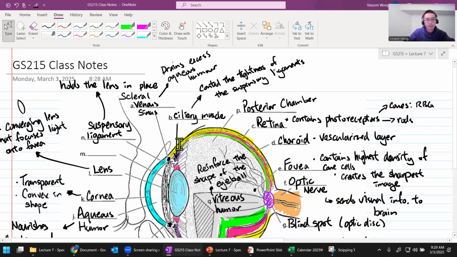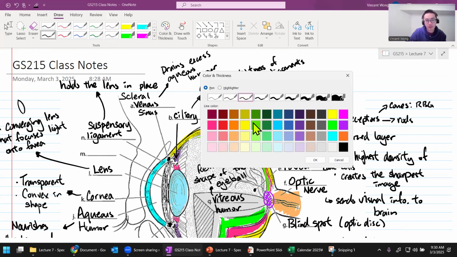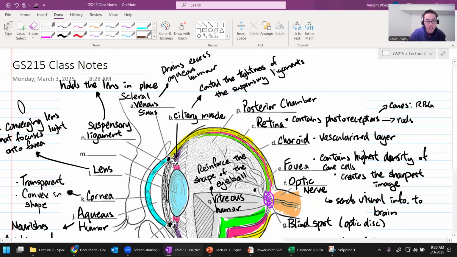Okay, I think we covered most of the stuff. Oh, there's M right here. M is the colored part of the eye. Different people have different eye colors, right? Brown eyes, blue eyes. It's related to melanin, the same pigment that gives us our skin tone and hair color and all that.